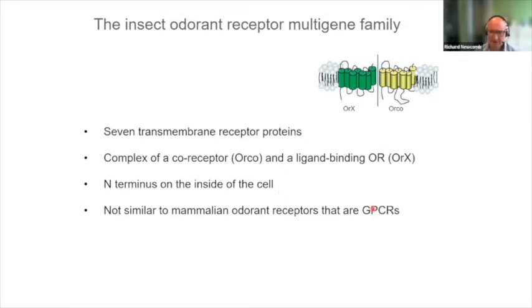They're actually ion channels, and they also have this unique complex where they have a co-receptor, Orco, that couples with a ligand binding receptor that actually detects the ligands, and together they form a channel that acts as the reception system.